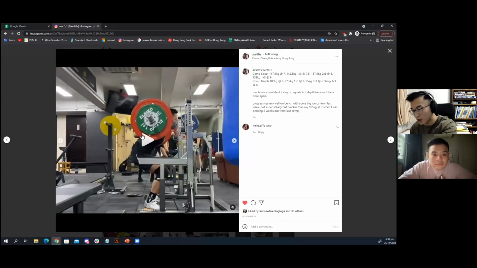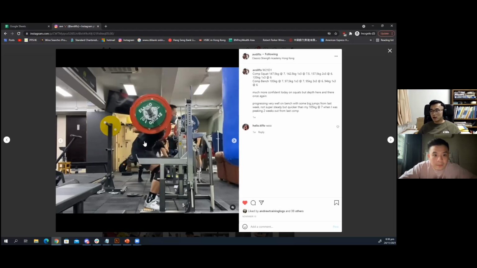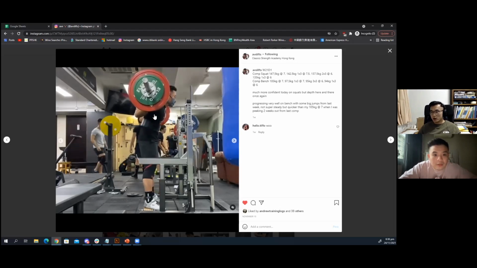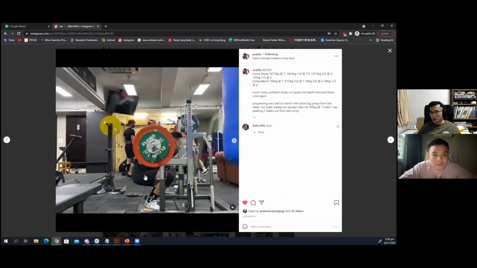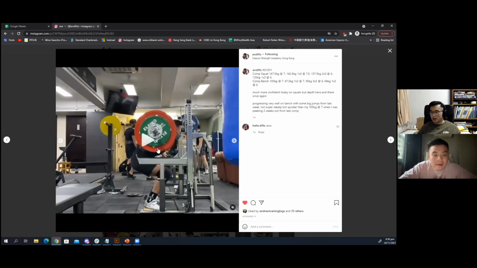And the key limiter, I think, are those elbows, right? His foot angle is actually looking okay, but if his elbows are constantly pulling back all the time, he's trying to dip forward, the elbows are trying to dip far too back, and he can't get that bounce. Visually it looks okay, obviously it's not the best thing in the world. You can see a bit of flexion there already, but right here, once again, he's dipping forward because the elbows are so far backward to the point where he's almost going forward.